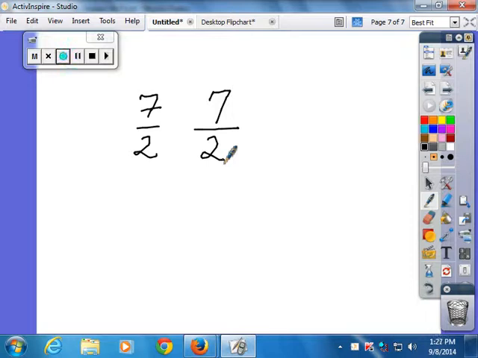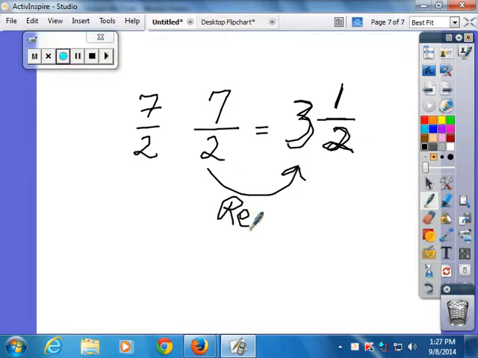So let's change it to a mixed number. 3 and 1/2. Let's count those. 1, 2, 3, 4. Is that simplified? No. You did not reduce it. You just rewrote it.